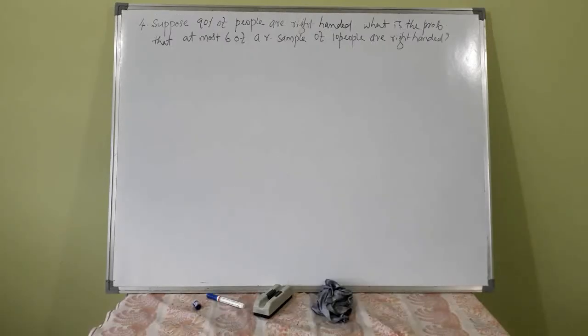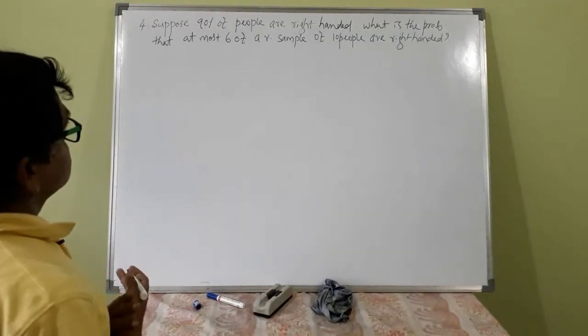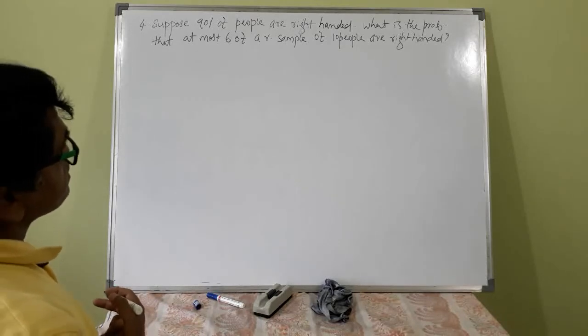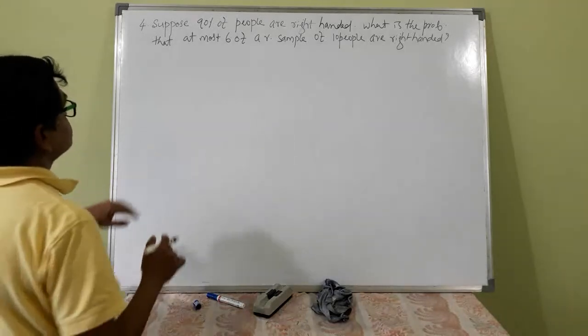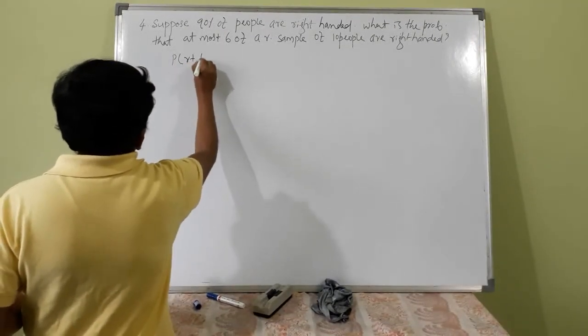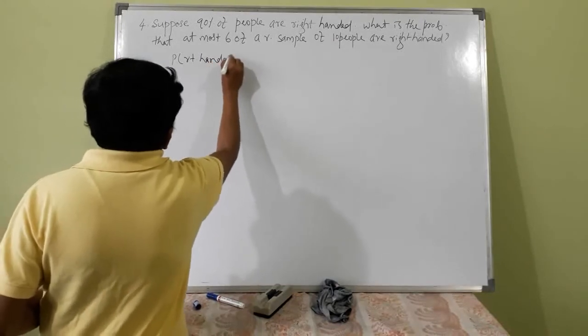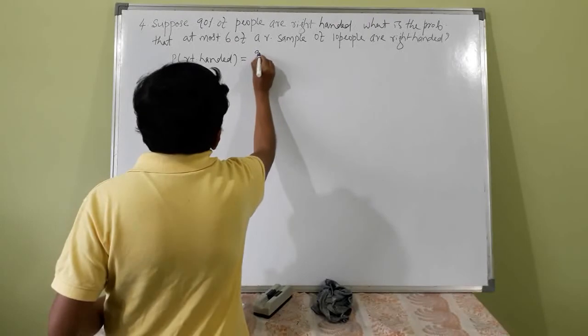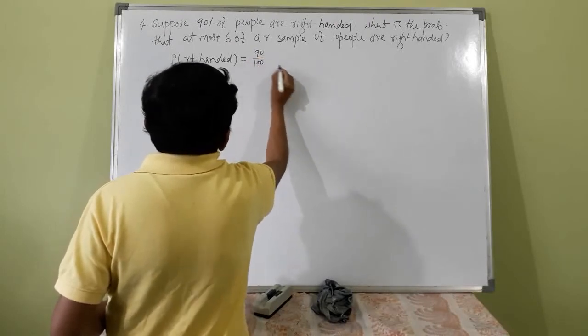Suppose 90% of the people are right-handed. Find the probability that at most 6 of a random sample of 10 people are right-handed. So the total population, and hence the sample, can be categorized as right-handed and left-handed. So probability of right-handed is 90%, isn't it? 90 by 100.